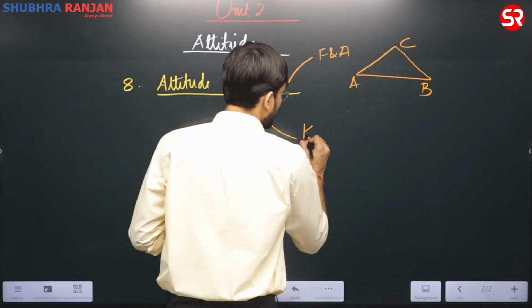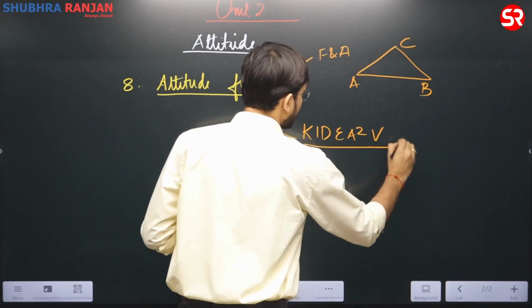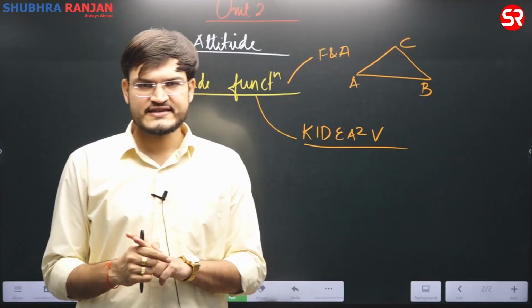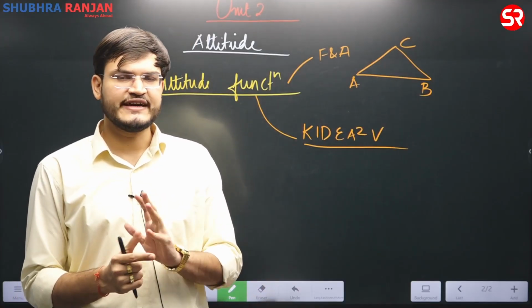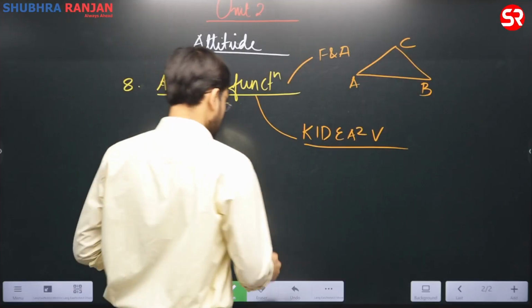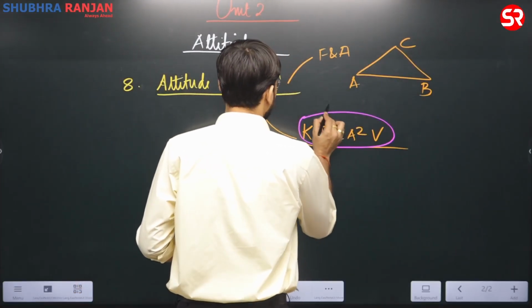You will also be using frameworks or keywords like KID E square B, that is knowledge function, instrumental function, decision making, ego defensive function, adjustment function, self awareness function or value expressive function. So all of these frameworks should be used while addressing.